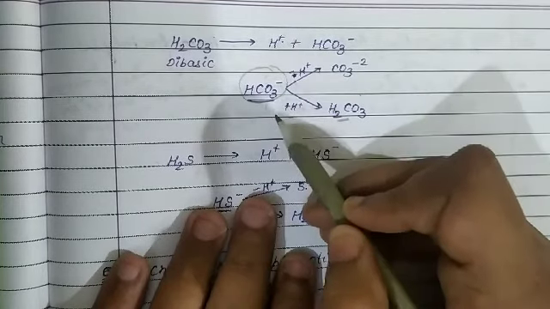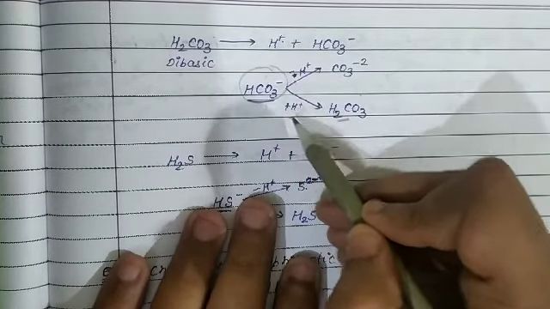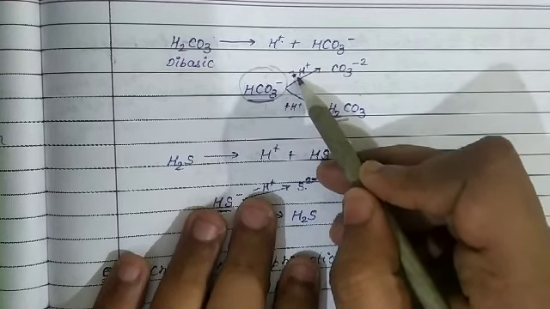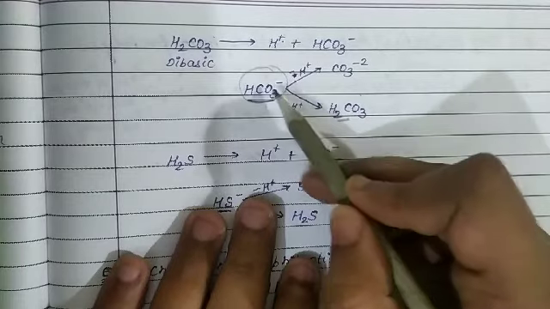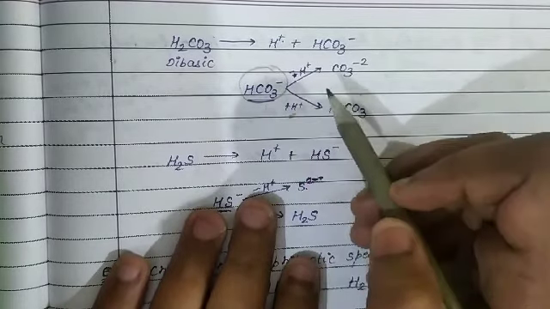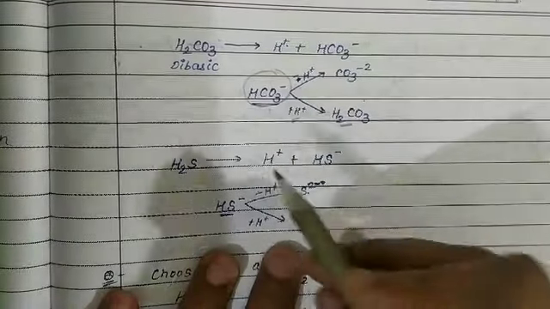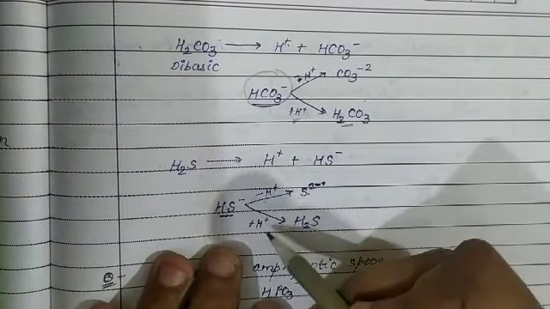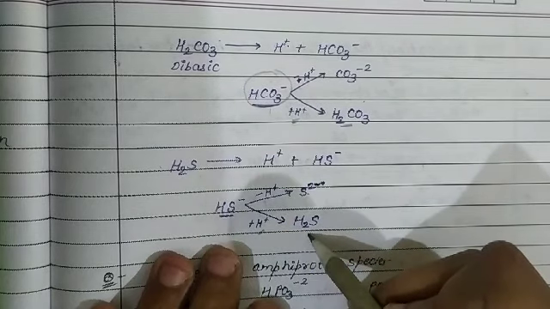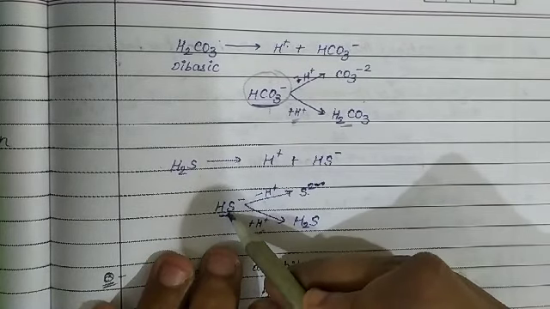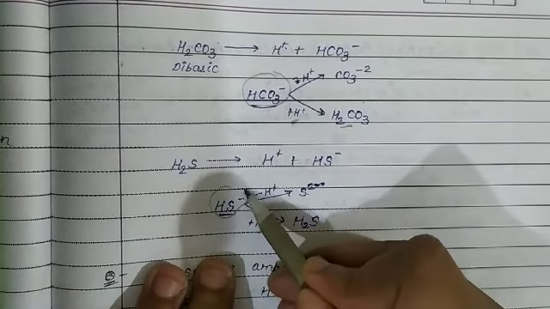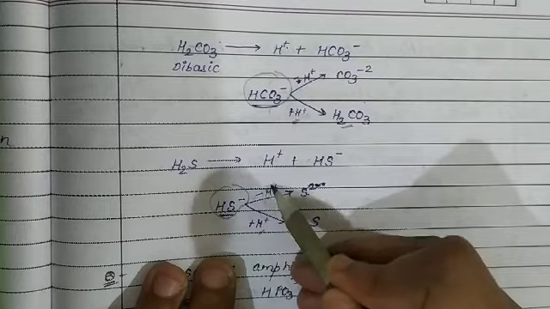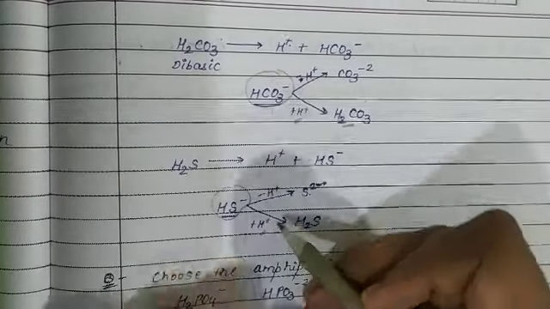So HCO3- can donate a proton as well as gain a proton. Therefore HCO3- will be an amphiprotic ion. See the next example. The next example is HS-. HS- when it accepts a proton forms H2S, and HS- when it donates a proton forms S 2-. Therefore HS- is an amphiprotic ion because it can donate a proton as well as accept a proton.